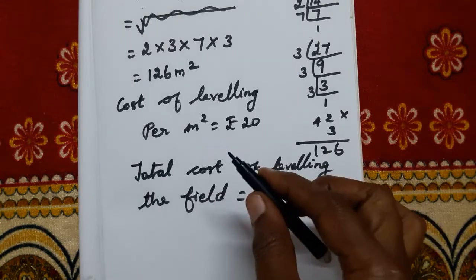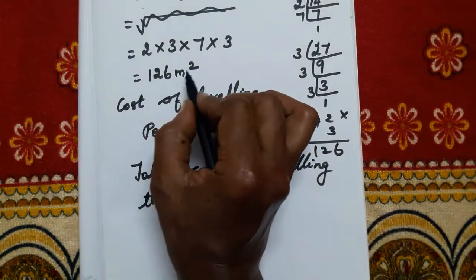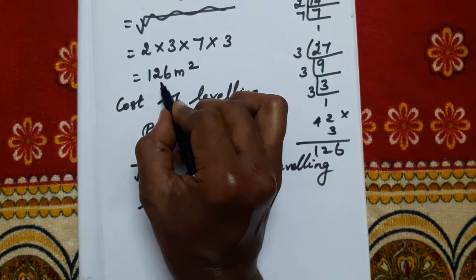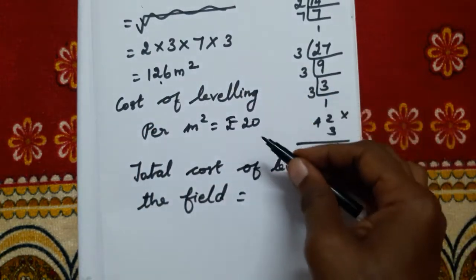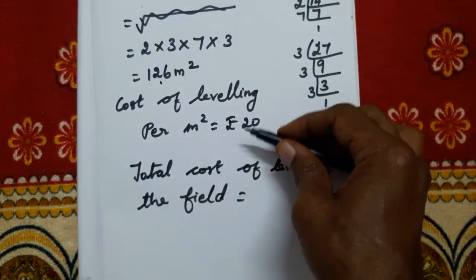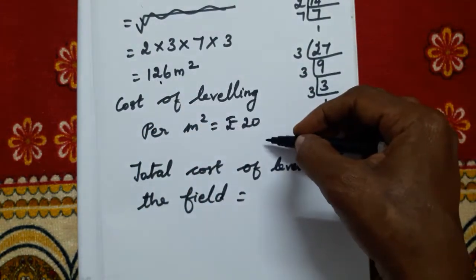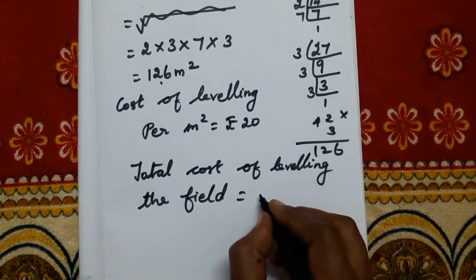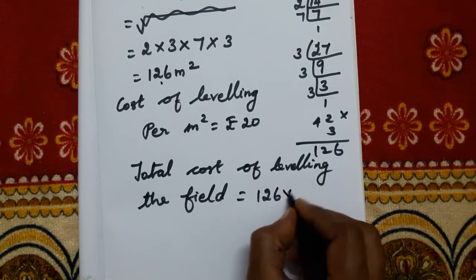How can we find it out? Total area is 126. Cost of leveling per square meter is rupees 20. Both we have to multiply. So 126 into 20.